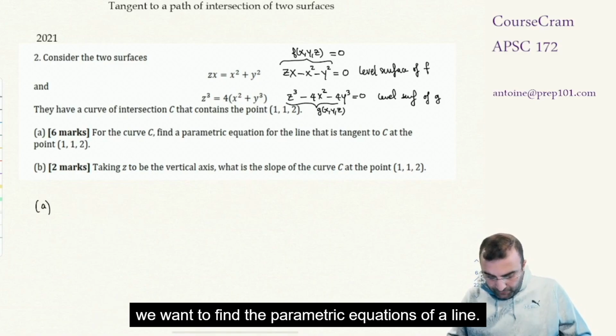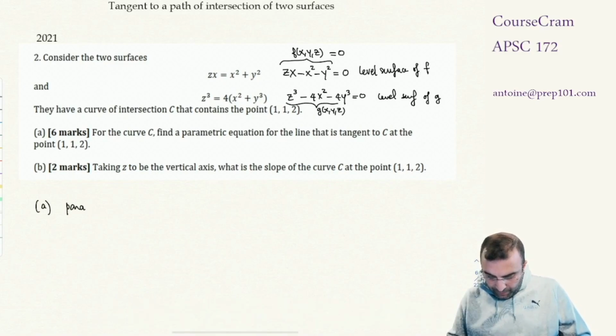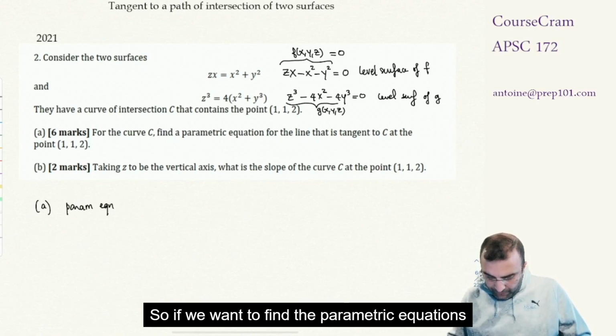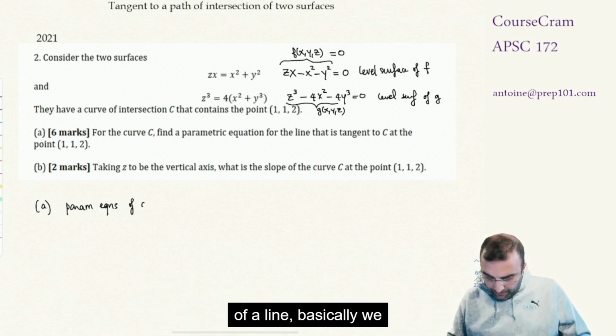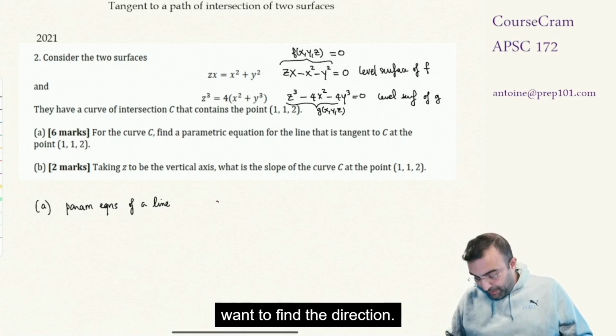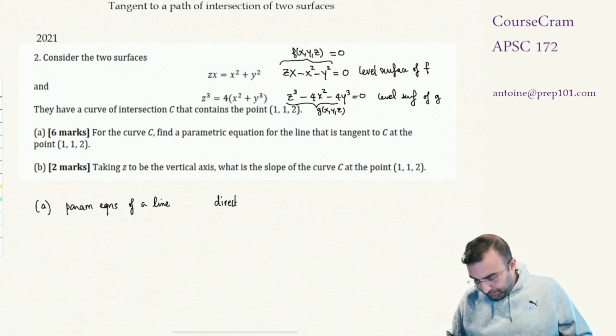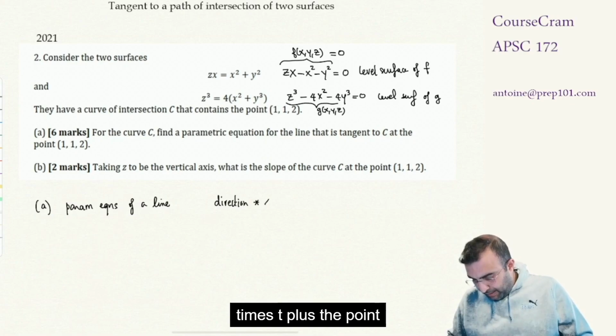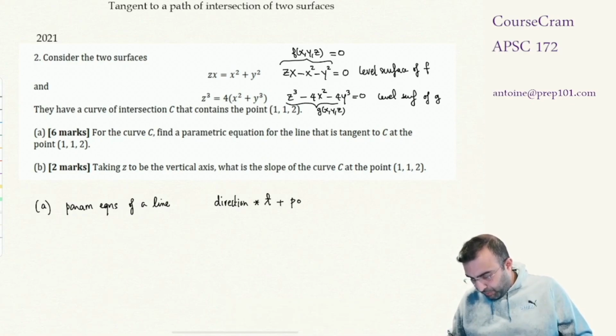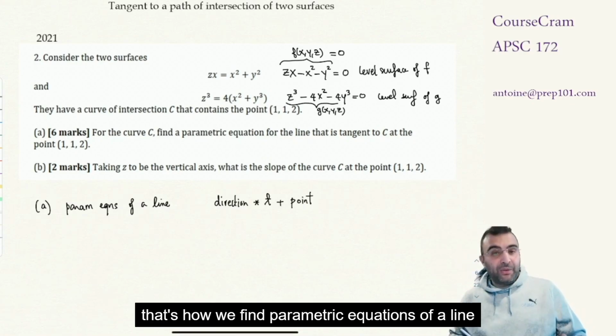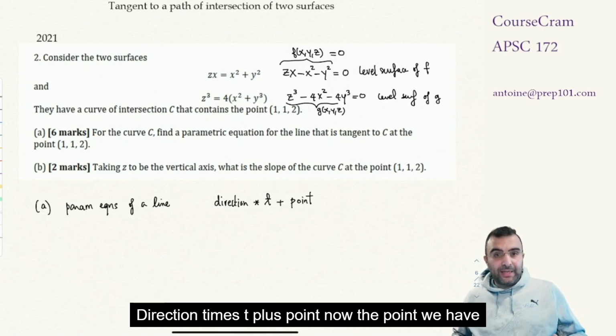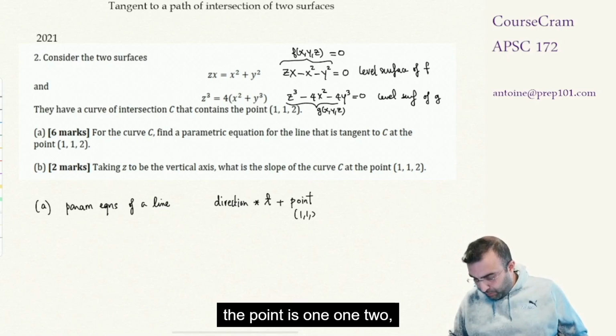If we want to find the parametric equations of a line, basically we want to find the direction times t plus the point. That's how we find parametric equations of a line. Direction times t plus point.